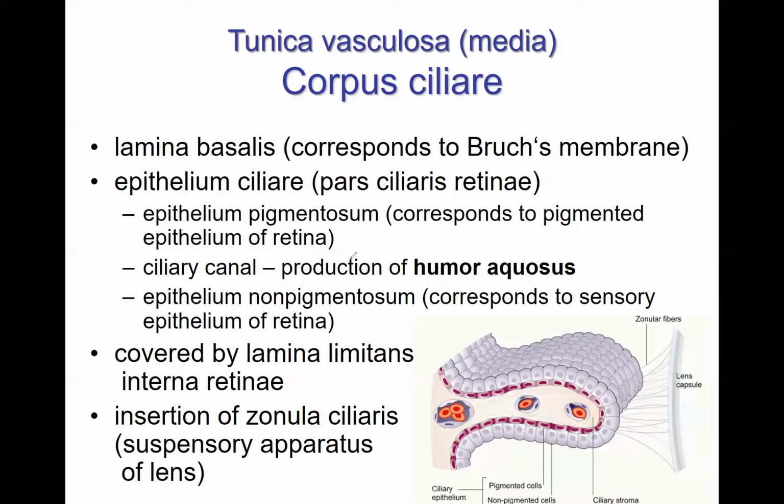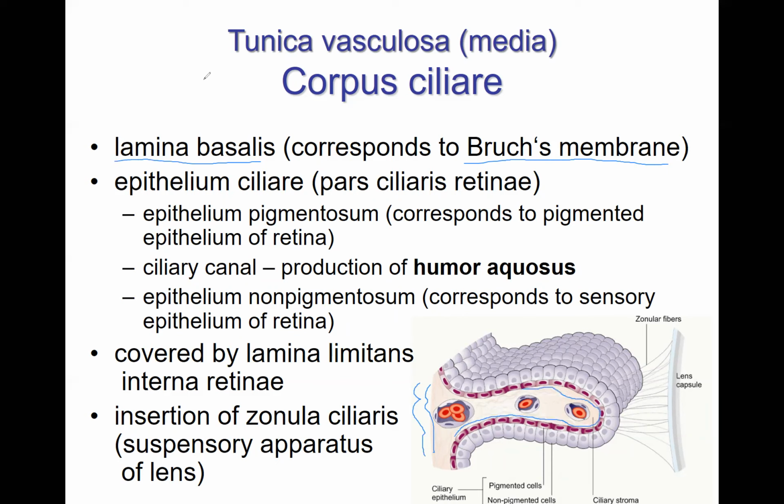So what else do we have there? When we get in, this is the stroma with the vessels, here is the muscle somewhere. And when we continue to the inner surface, we have again something similar to the choroid, the Bruch's membrane. But in this area, it's very simple. It's just basal lamina.